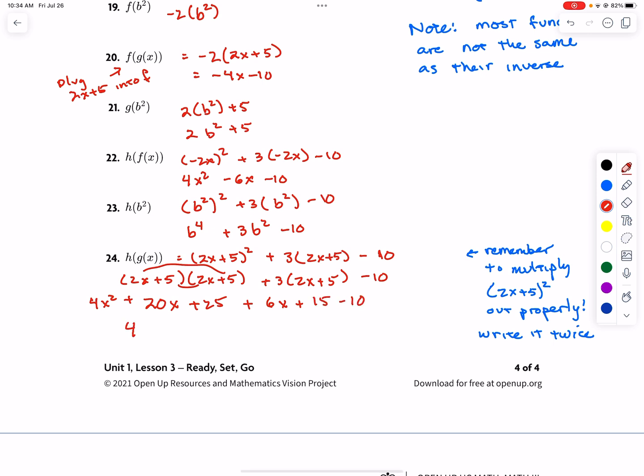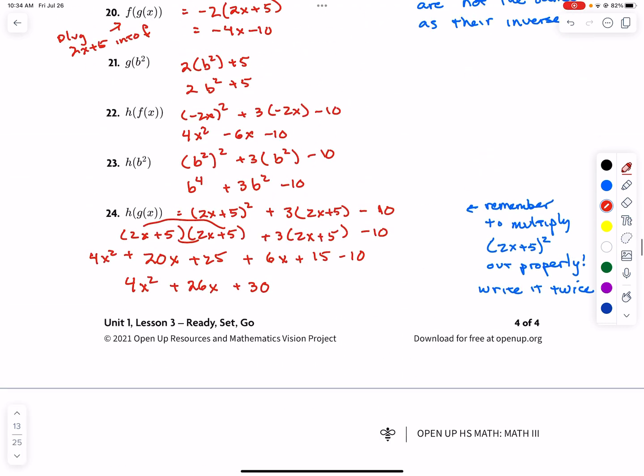Okay, 4x squared is the only x squared term. 20 plus 6 is 26 x's. And then 25 and 15 minus 10 is 30. Okay, so I think we are done.